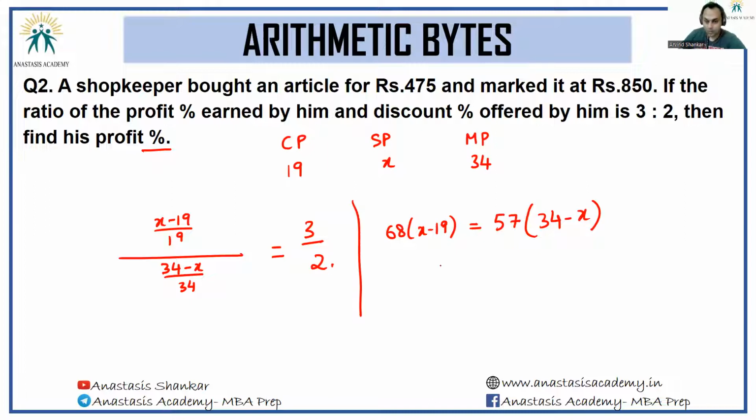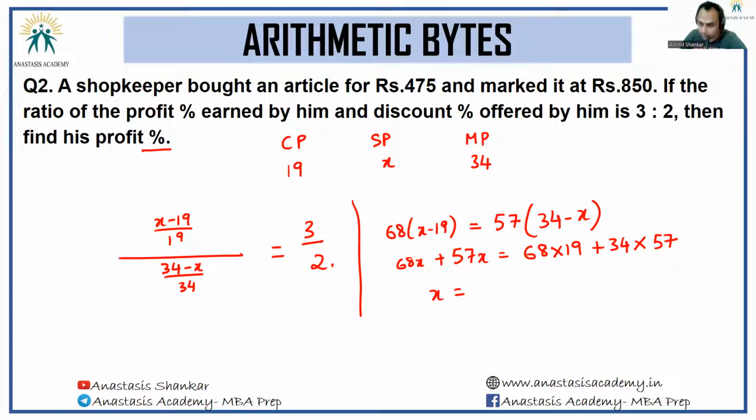This much we have got. Open it up. 68x, plus 57x will come and add. 57x is equal to 68 into 19 plus 34 into 57.